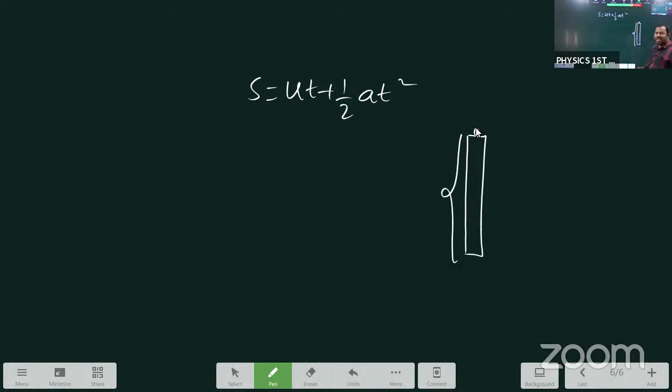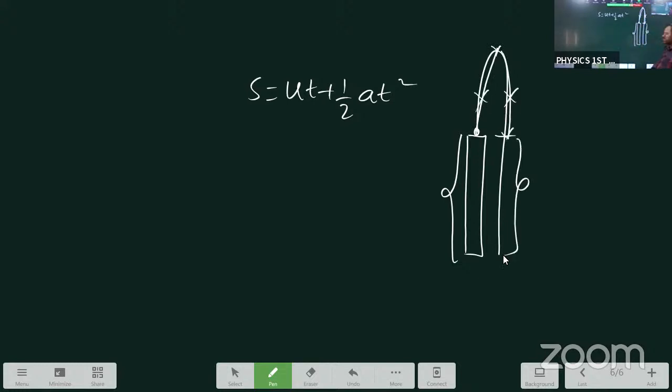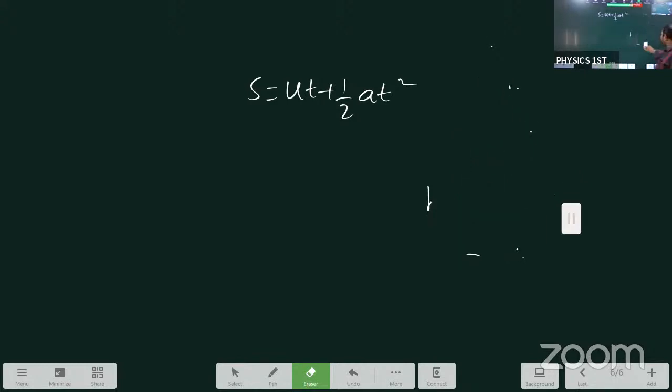But our topic is about S, displacement, not height. The body going like this, for example, up and down, numerically cancel each other. From here to here is the height. Here we are taking a sign convention from this point to this point, that's why we are taking S equals minus H. That is displacement, students, don't think height. So S is nothing but minus H, the displacement traveled by the ball.